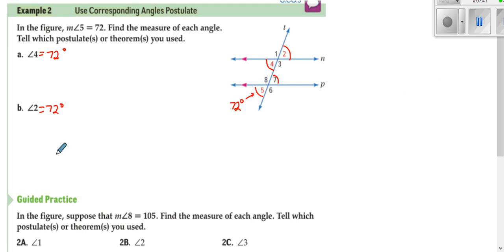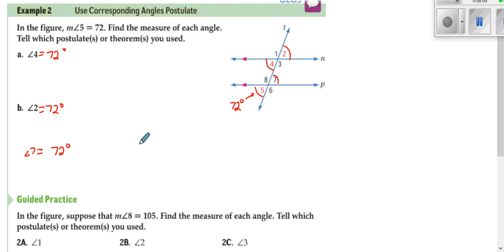And this isn't a question, but if it did say, what about angle 7? It would also equal 72 degrees, because 5 and 7 are, oh man, I wonder if you remember the name of these. Do you remember what those angles are called? No? You should look back in your notes. They're called vertical angles. Vertical angles are always congruent, no matter whether or not the lines are parallel.